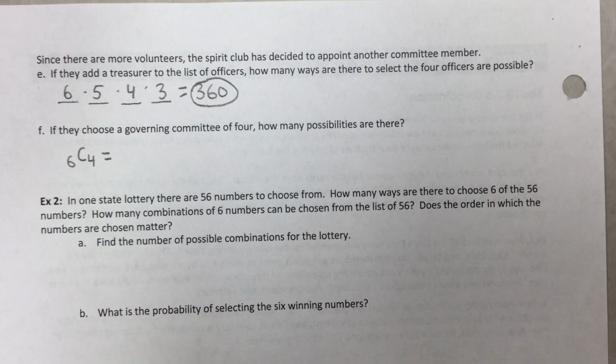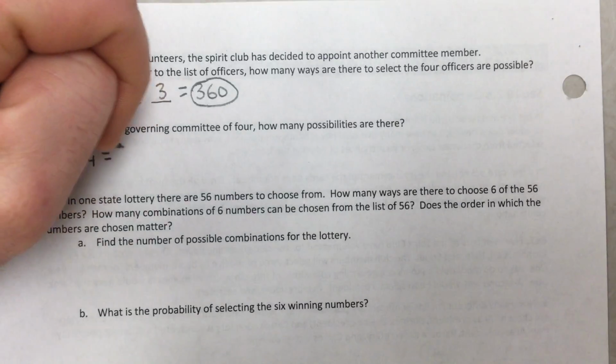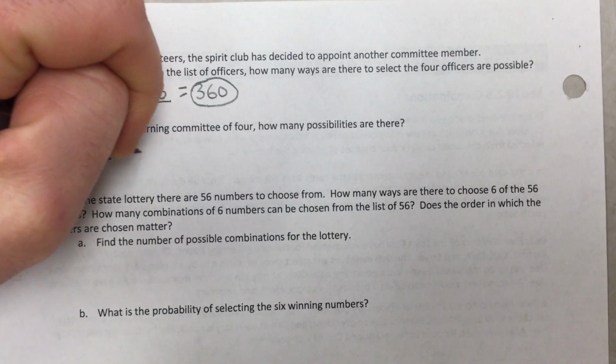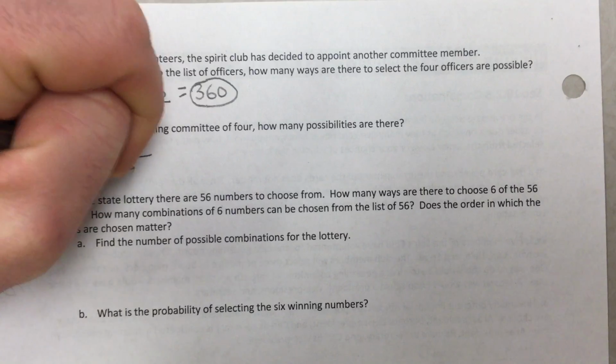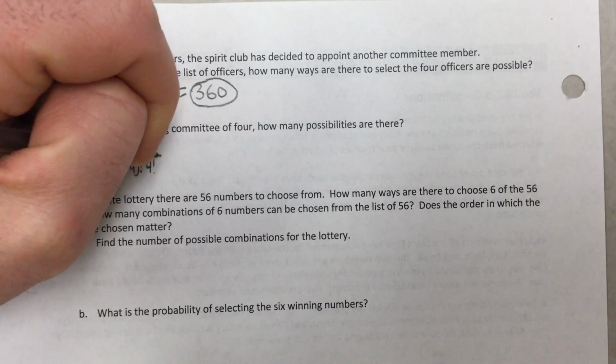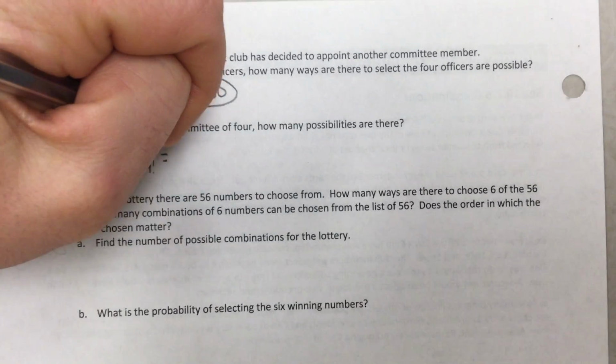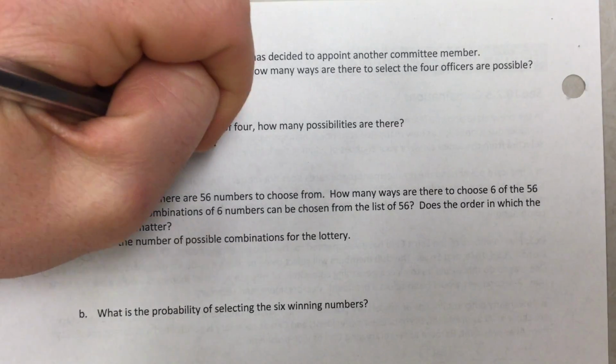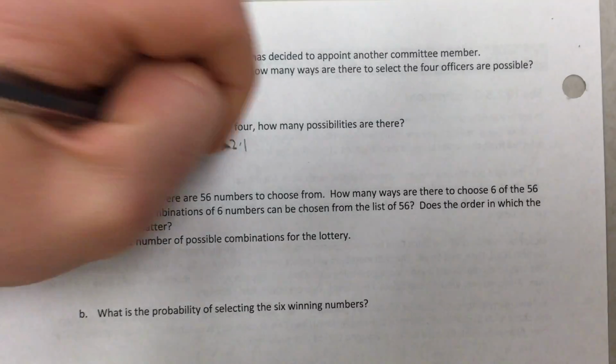And so we would be doing 6 factorial divided by 6 minus 4 factorial times 4 factorial. So 6 factorial is 6 times 5 times 4 times 3 times 2 times 1.